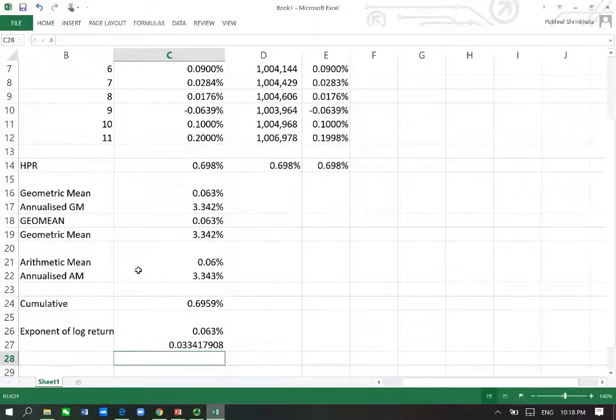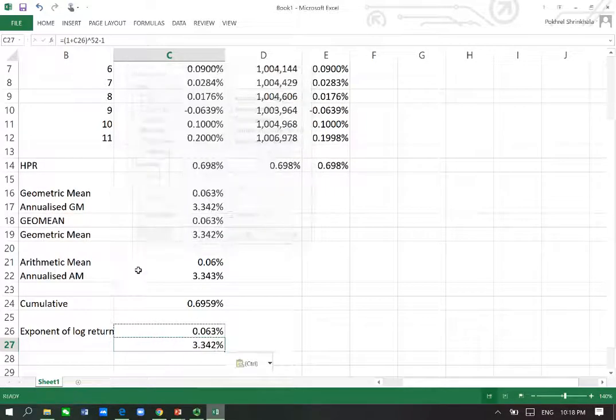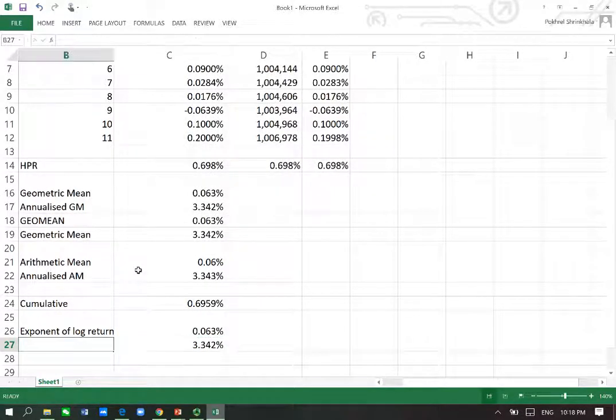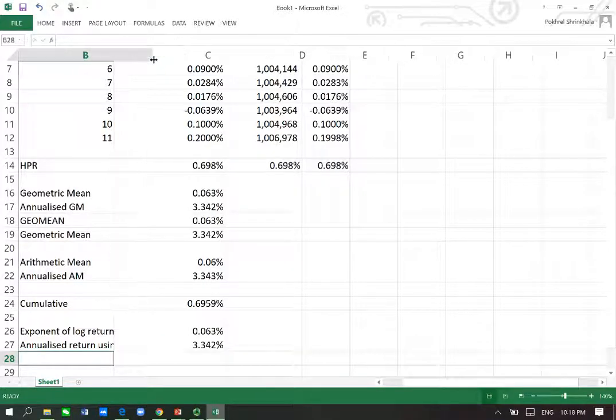So therefore we find this value here, and therefore I can again put that information, which is annualized return using natural log. Okay, that function we used. So now we found this.